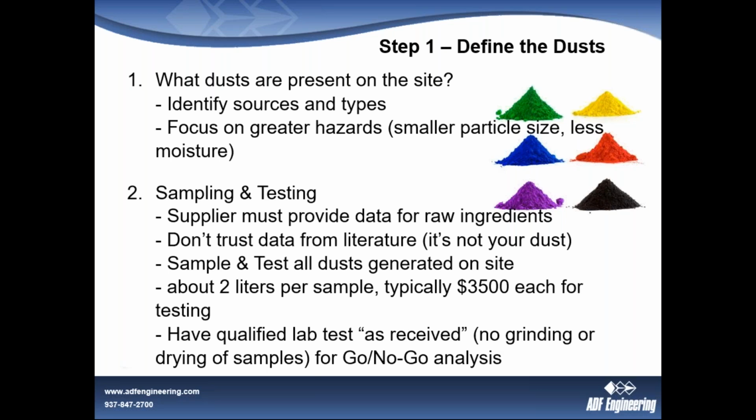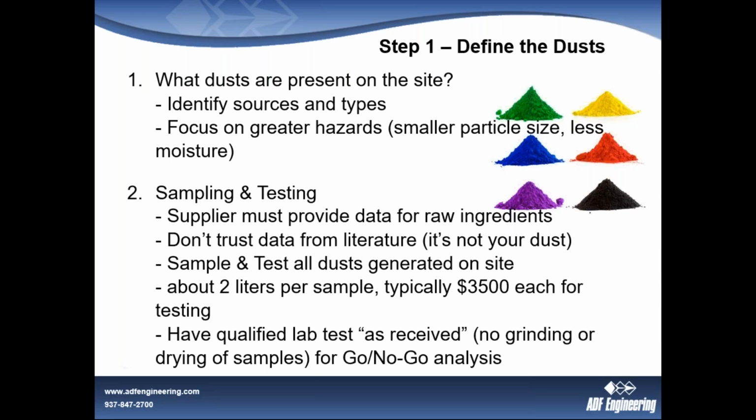But if you are grinding those materials with your own mills and concentrating that up in dust collectors, you'll want to test your own material because you can't trust the data from the literature to match your material. It may not have the same moisture content, it may not have the same particle size distribution, so it may not be the same.